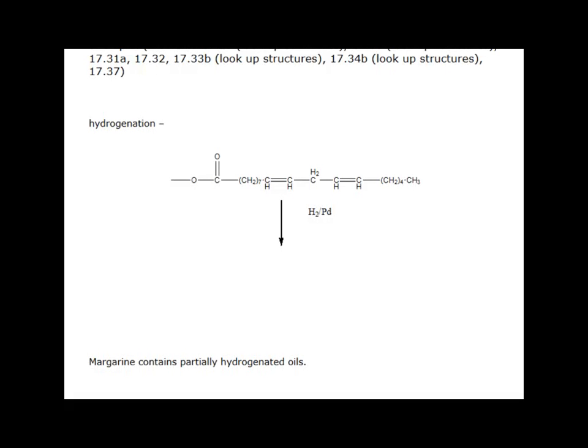Now, we've talked about hydrogenation before in Unit 3. So hydrogenation, sorry, not hydration, is addition of hydrogen to a double bond. Now, I've just drawn a portion of a triacylglycerol. So this is part of a triacylglycerol.